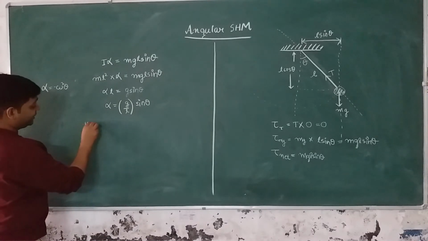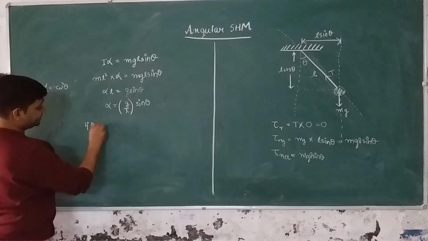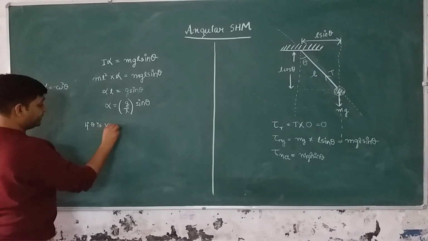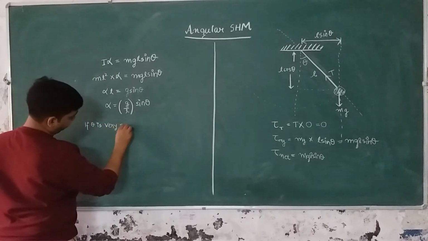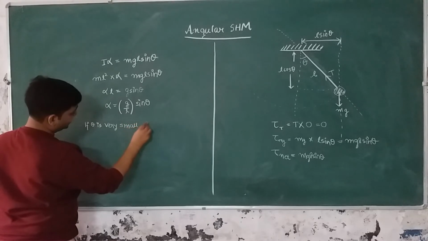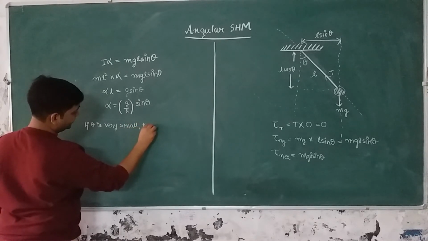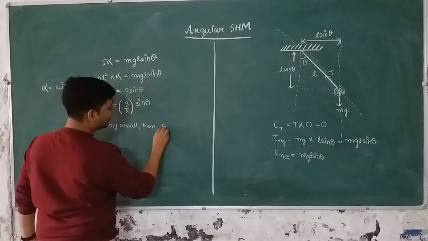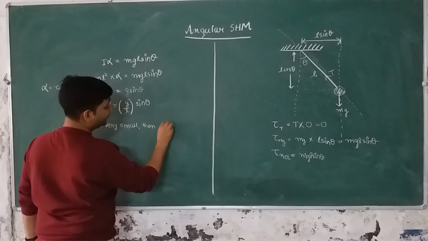Suppose theta is very small, then sin theta can be approximately written as theta. I hope you know this.